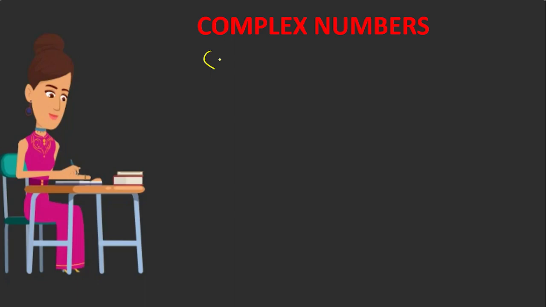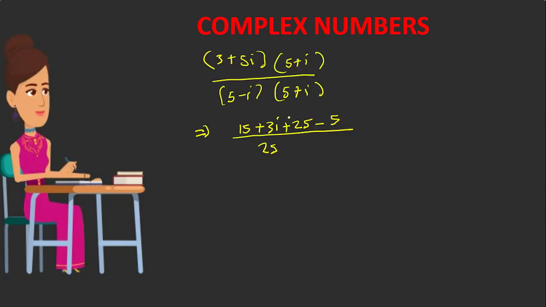Then down there we had 5 squared, which is simply 25, and then i squared, which was simply negative 1. So negative 1 times that negative which was down is going to give you plus 1.